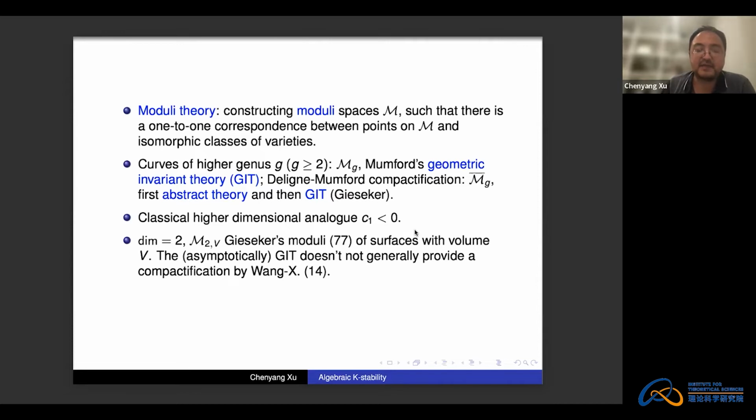However, it was much later that people realized that GIT indeed cannot give you a compactification. It is not like the curve case. If you want a compactification, GIT is not the right theory. This was expected by some people from some perspective for quite a while, but it was confirmed by Xiaowei Wang and myself. So GIT doesn't work in higher dimension.